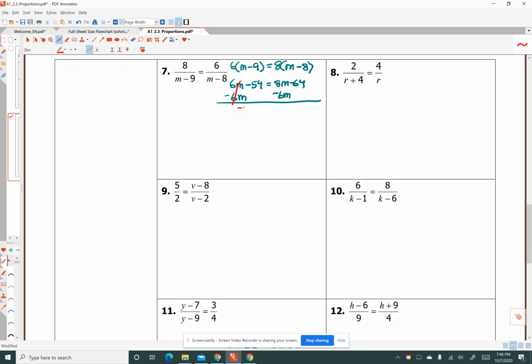So on the left side, I have negative 54 equals 2m minus 64. And now I will add 64 to each side. And on the left side, that will give me 10 equals 2m. I'll divide both sides by 2. And m equals 5 or 5 equals m. Either way you write it, it's correct.